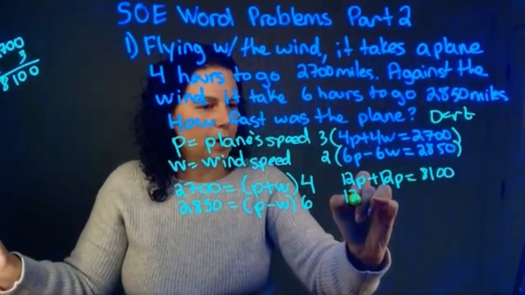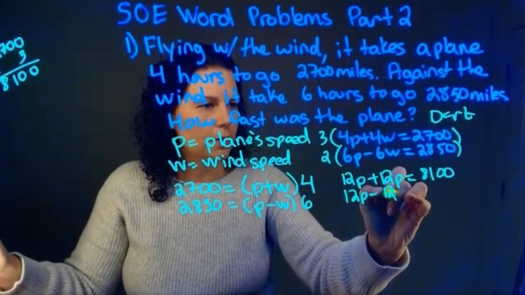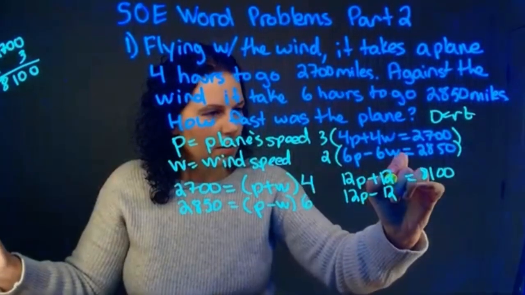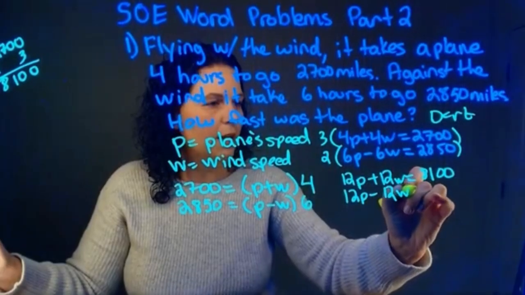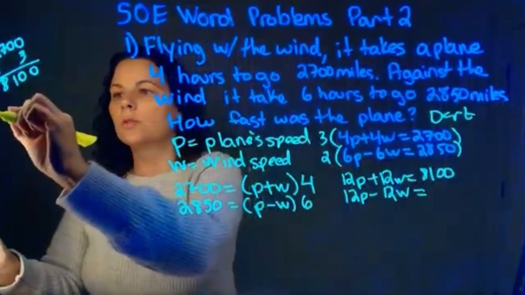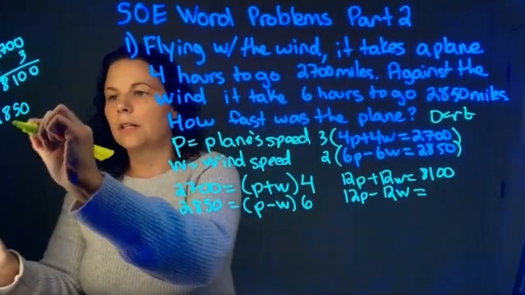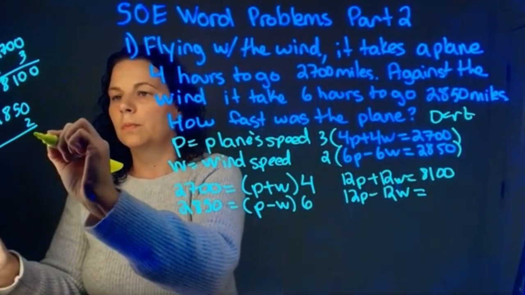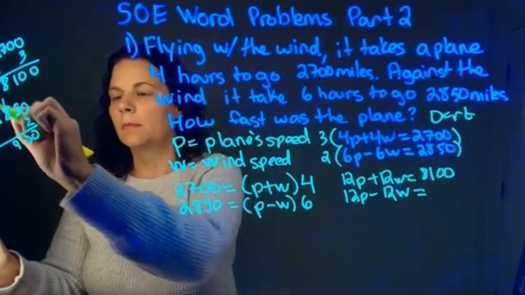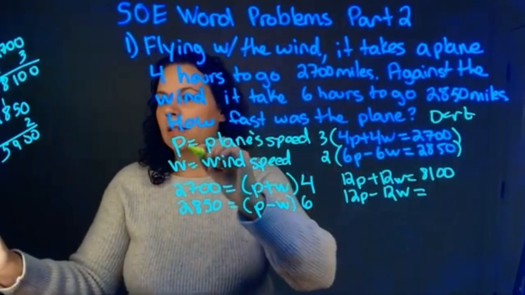Then that's going to give me 12P minus 12W, that's what I get for talking and writing at the same time, equals 2850 times 2, which is 5,700.